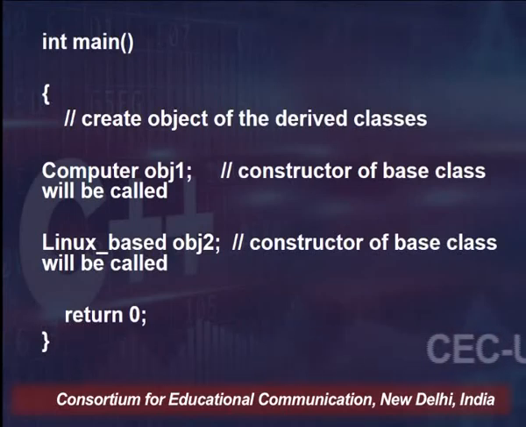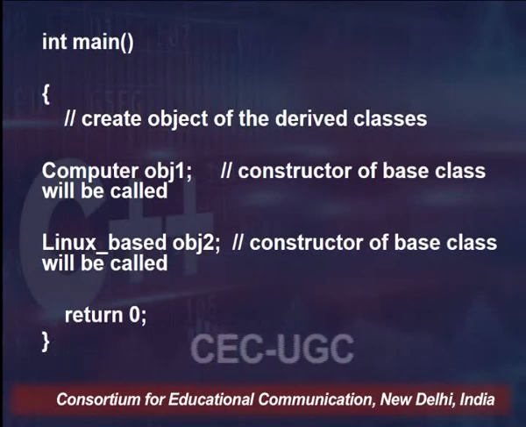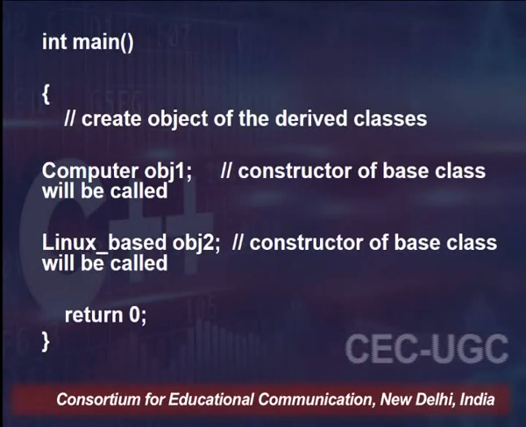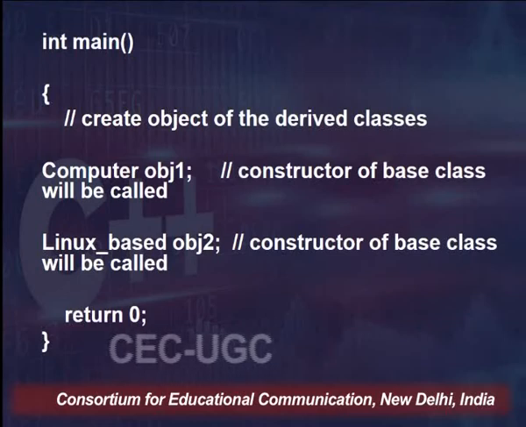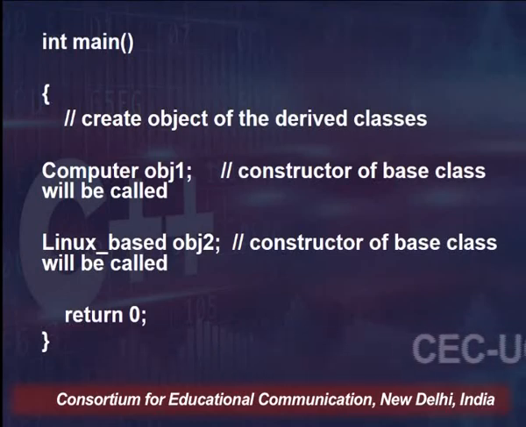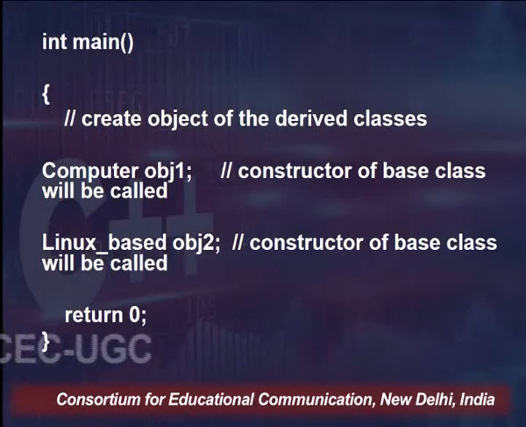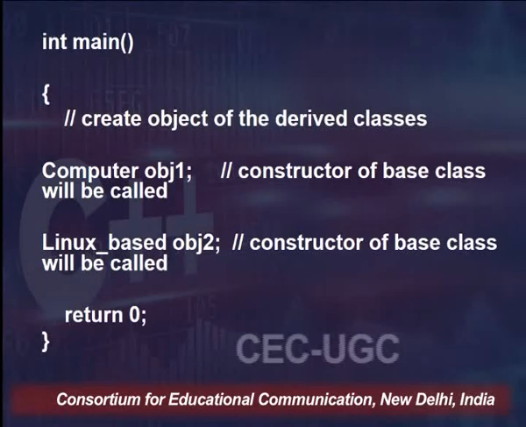Similarly, when object obj2 is being created as Linux based, the class Linux_based is not having any definition of its own, but despite that, it has one member function, which is nothing but the constructor of its base class, electronic device.